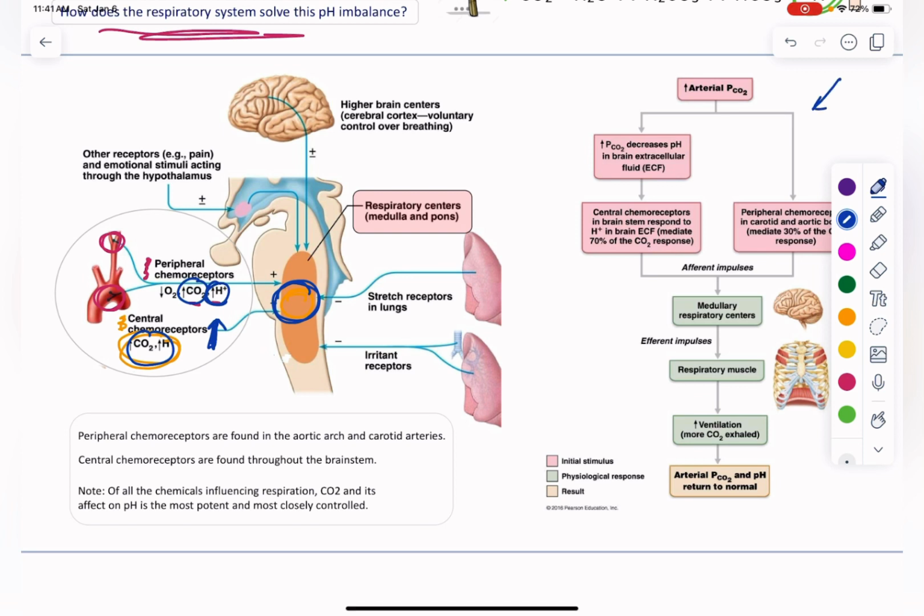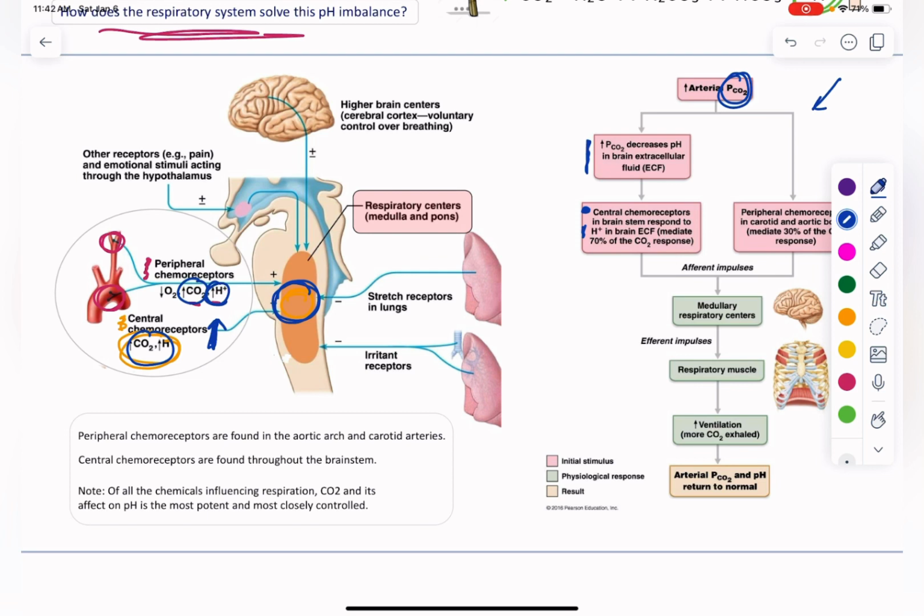Here we have an increase in arterial CO2 during exercise. This is going to decrease the pH in the extracellular fluid of the brain, and that's going to be detected by these central chemoreceptors. They're going to detect these high levels of hydrogen ion.